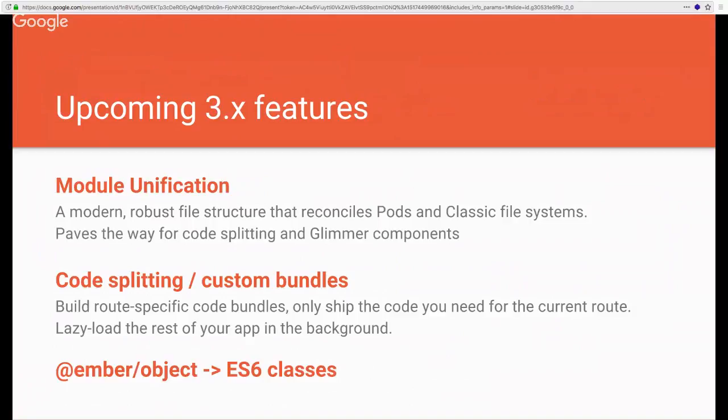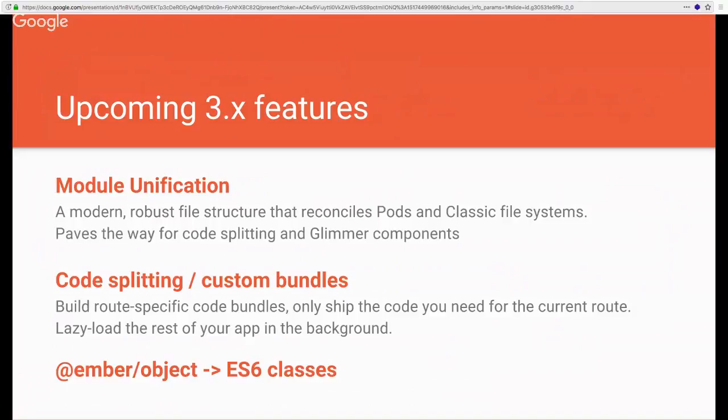You can start a new app today using this new file structure, using a blueprint in Ember CLI. There's also a code mod that will transform a legacy app, on either the classic file system or the pods file system, into this new format. So you can basically use this today.